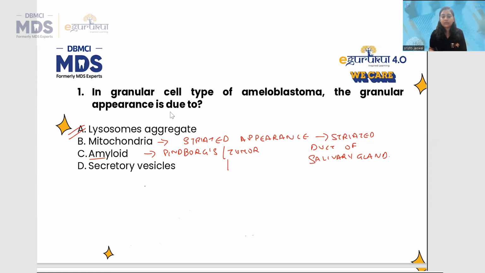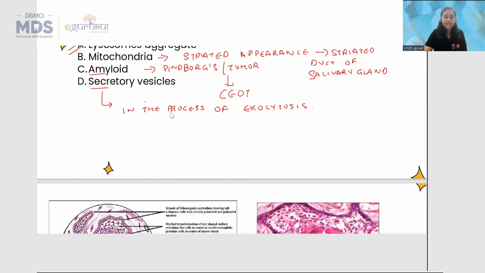What is the other name of the Pindborg tumor? It is CEOT, that is calcifying epithelial odontogenic tumor. Secretory vesicle, you would have done this in DADH. It is important in the process of exocytosis. So here the answer is very direct, that is lysosomal aggregate.